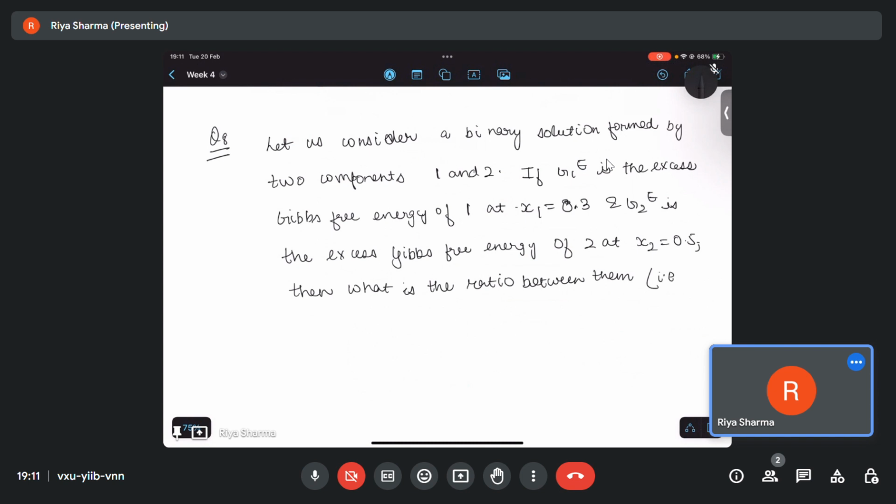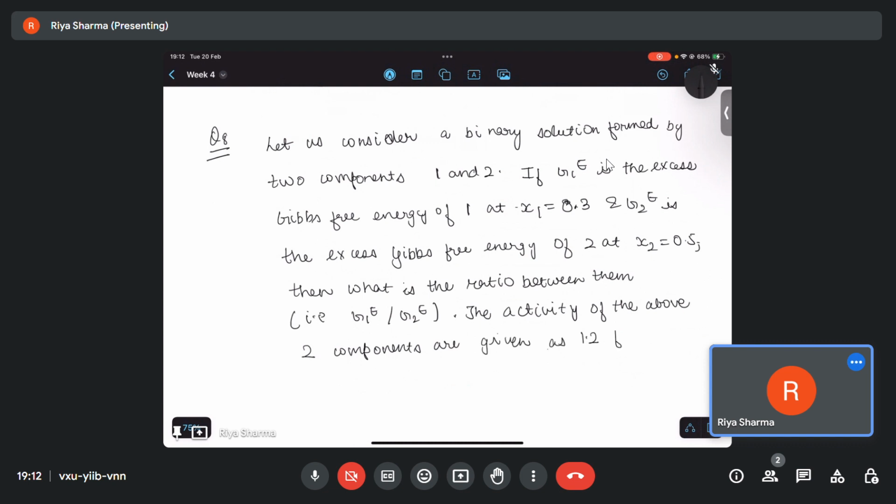That is, the activity coefficients of the above two components are given as 1.2 for component 1 and 1.5 for component 2.